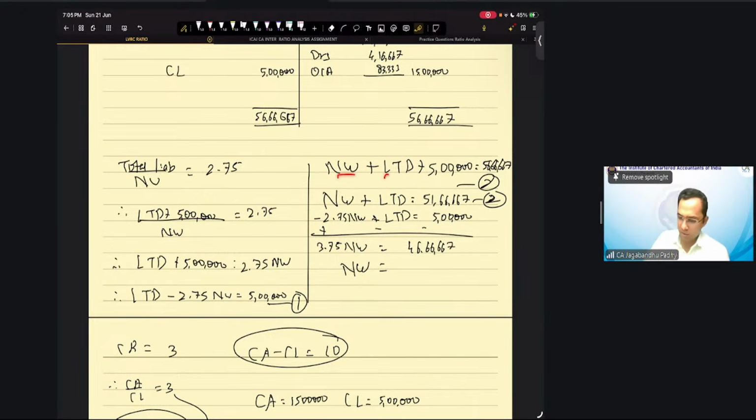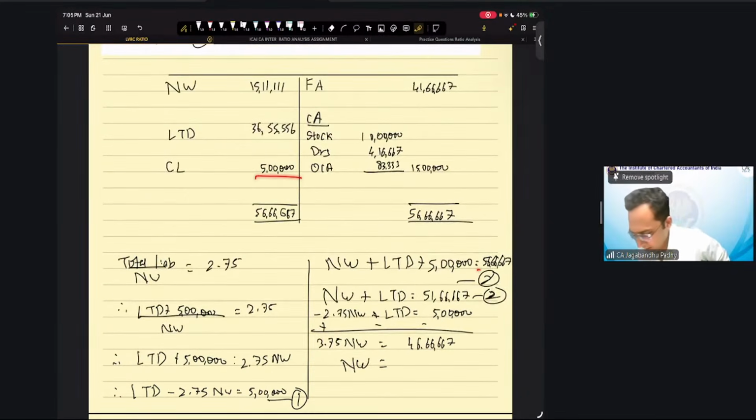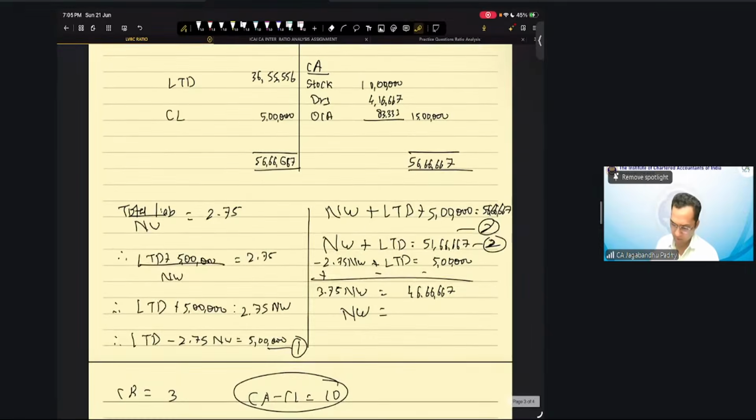So we have net worth plus long-term debt plus 5 lakh as 56 lakh 66,667. So 5 lakh going there, you will be left with 51 lakh 66,667. So you have net worth plus long-term debt, and here you have minus 2.75 net worth plus long-term debt equal to 5 lakh. Then when I subtract it, minus of minus becomes positive 3.75 net worth. You provided me a wrong answer.